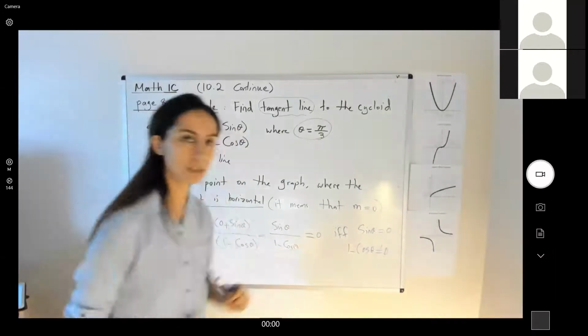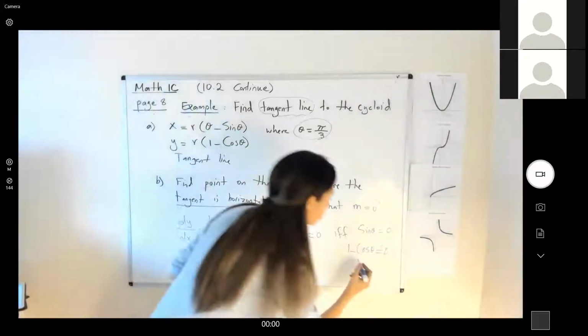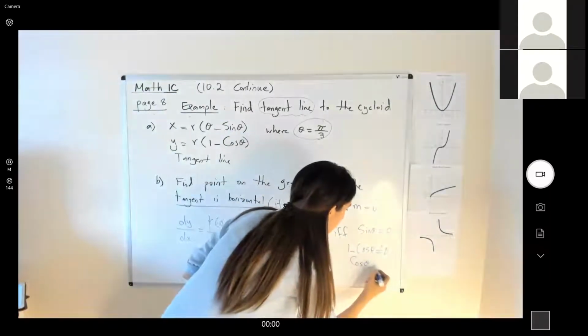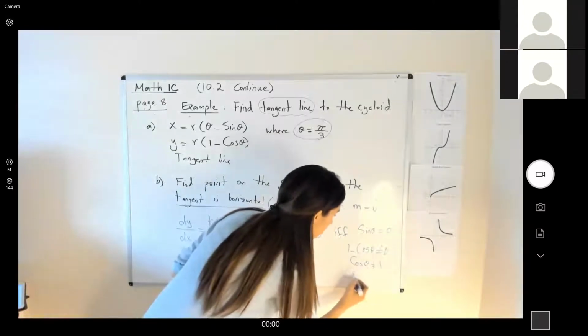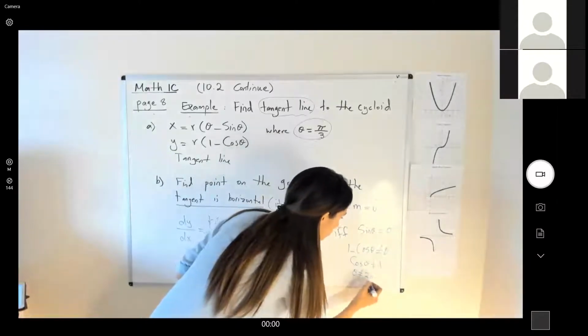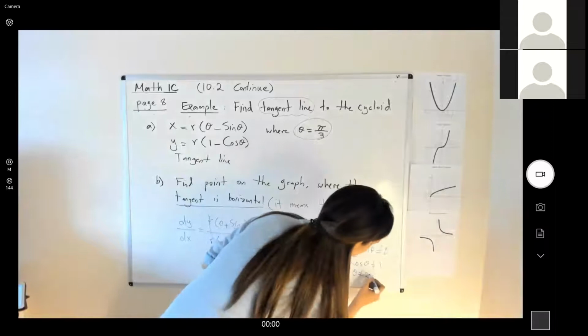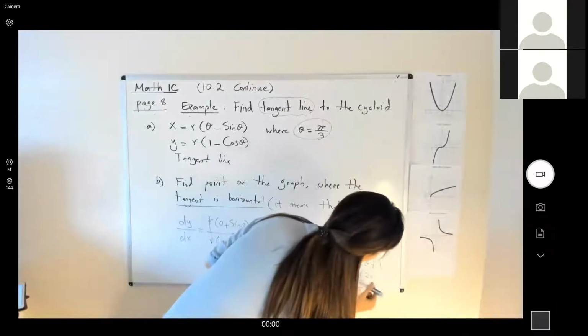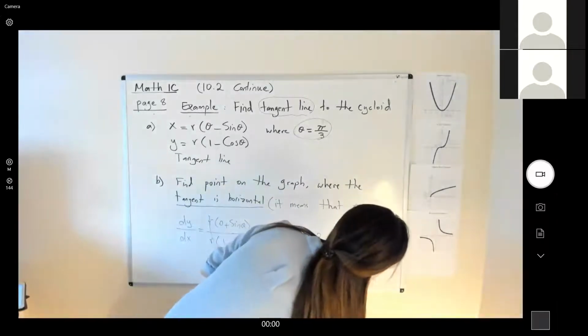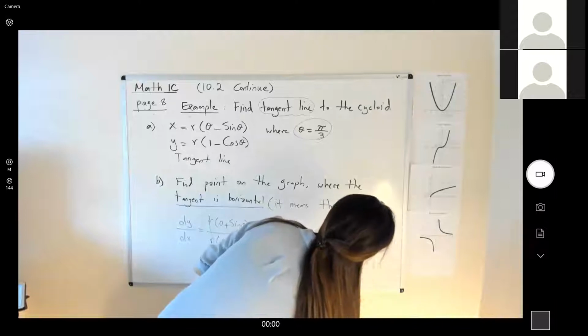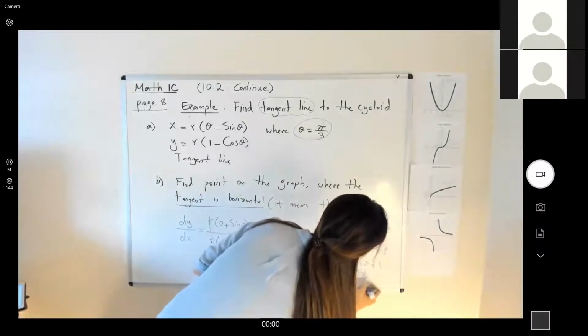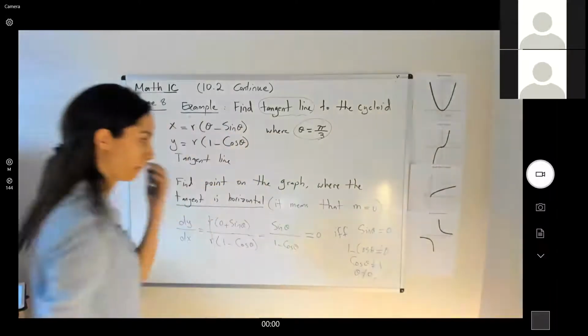And note that cosine theta cannot be equal to 1. For example, theta cannot be 0, or 2 pi. So let me write this here and the rest of them.